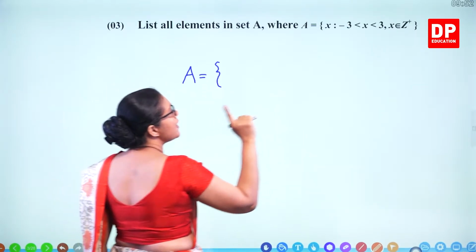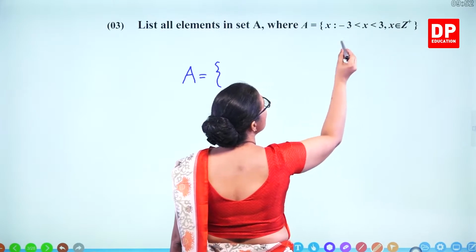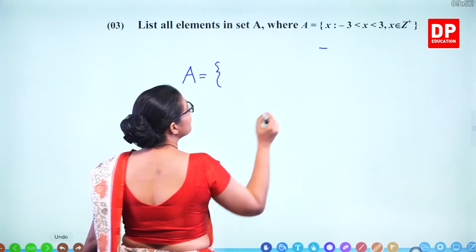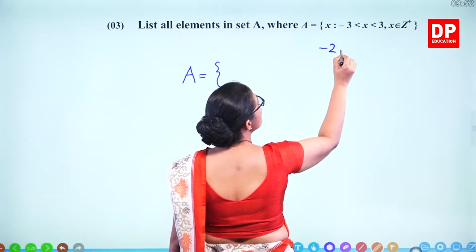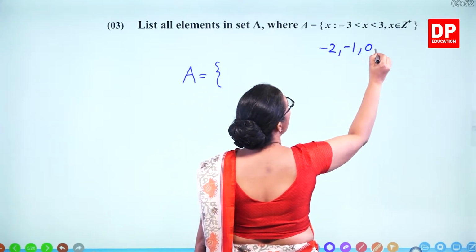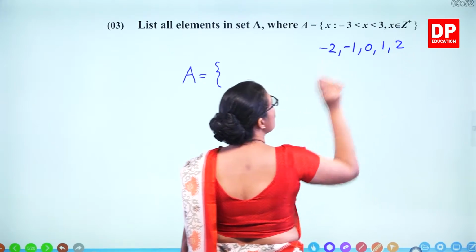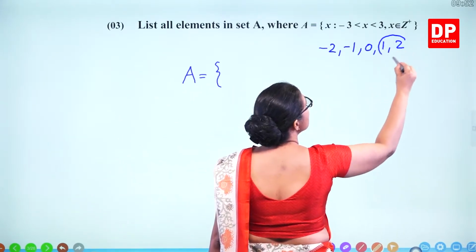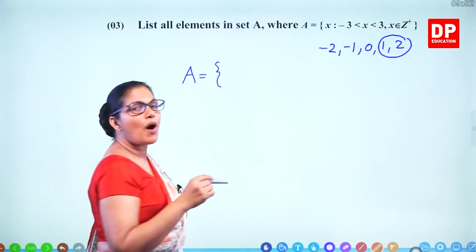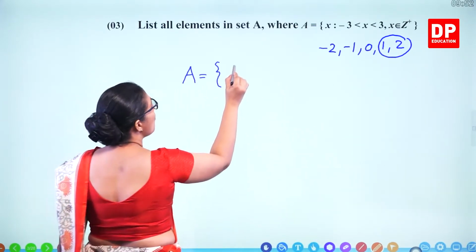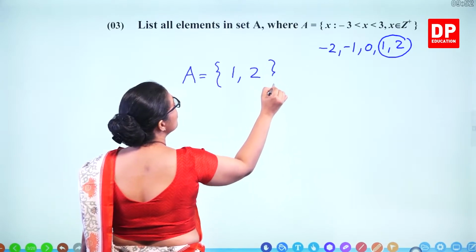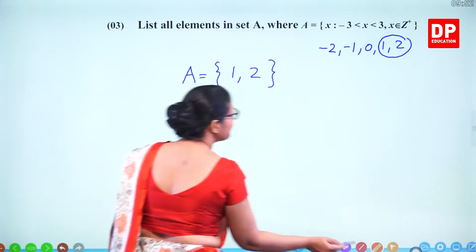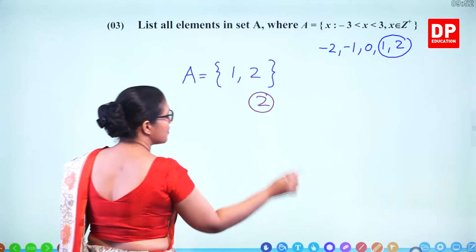So if you write down without considering positive, you can get minus 2, minus 1, 0, 1, 2. 3 is not included. But it says positive integers, you can only write 1 and 2. So 2 elements only. 2 marks.